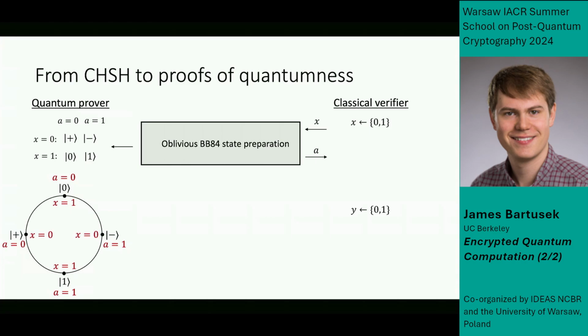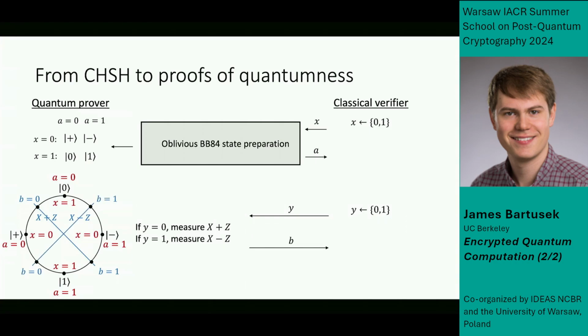So to complete the proof of quantumness protocol, all we have to do is ask Bob the question. The classical verifier will sample a random Y, send it to the prover, and then the quantum prover will implement Bob's strategy from CHSH. If Y equals 0, measure in the X plus Z basis. If Y equals 1, measure in the X minus Z basis, and return the resulting bit.